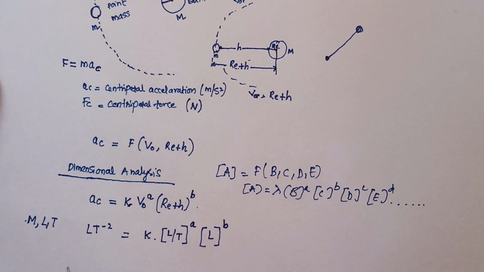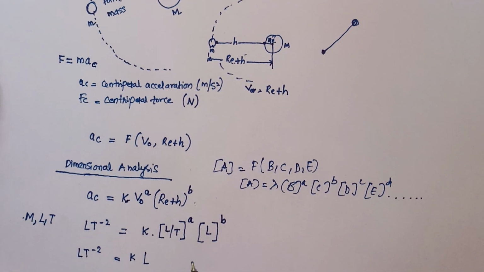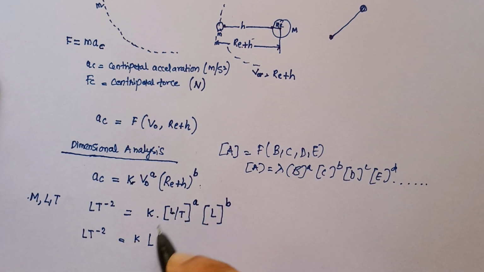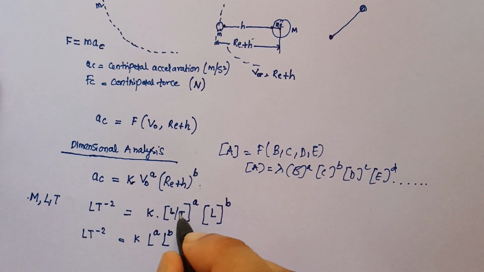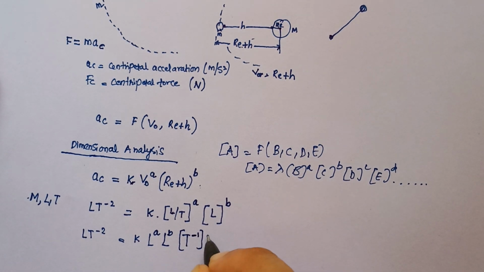Now we group the terms: LT power -2 is equal to k into L raised to a. This is a bit tricky, so you need to be very careful. L raised to a, you have b here, so into b, now you have T divided by T, which is T power -1, so it should be -1 to the power of a.